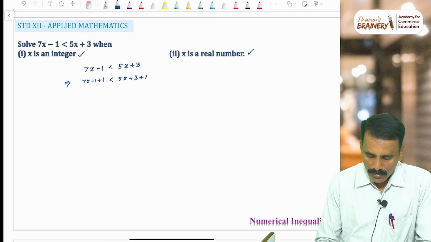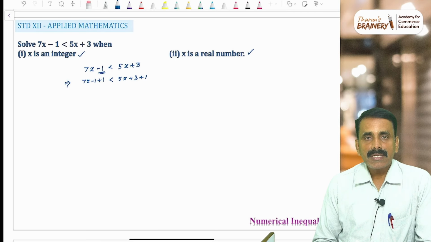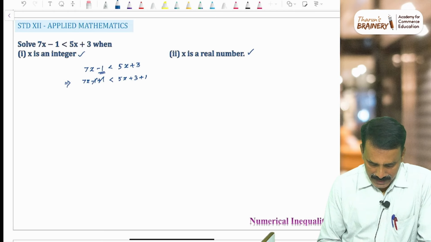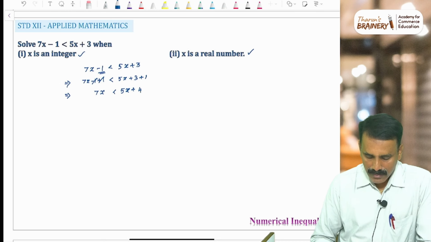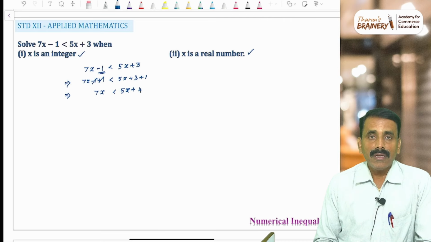Why do we have to add plus 1? Because the additive inverse of minus 1 is plus 1. So minus 1 and plus 1 get cancelled. So it is now 7x is less than 5x plus 4. So this is the first step. We have to remove the constant on the left hand side.